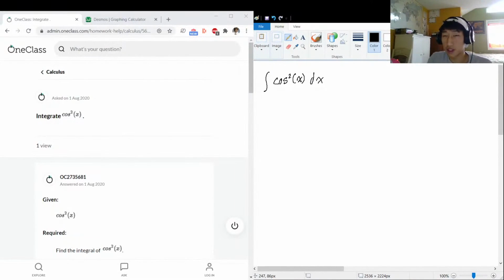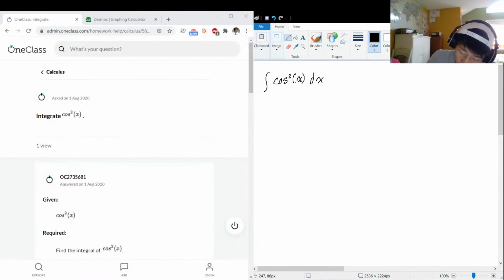Now, typically when you see integration problems and you see stuff like cos squared and such, it's a good idea to think about our trigonometric identities, because they can definitely help give us an easier integral to solve, because this by itself is kind of tough.